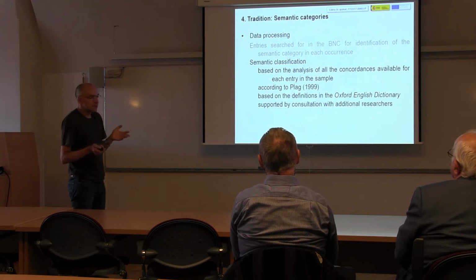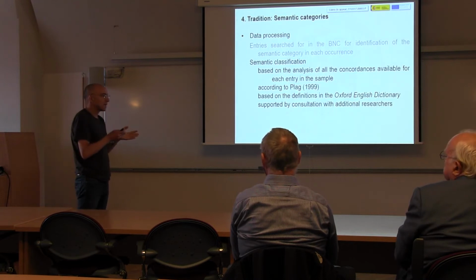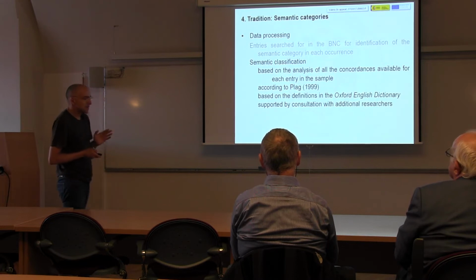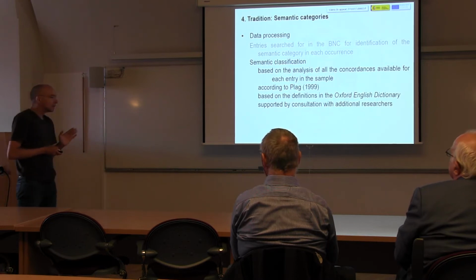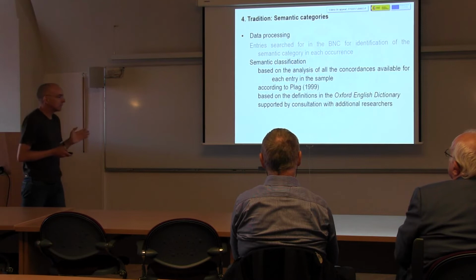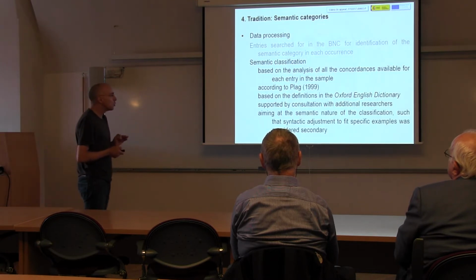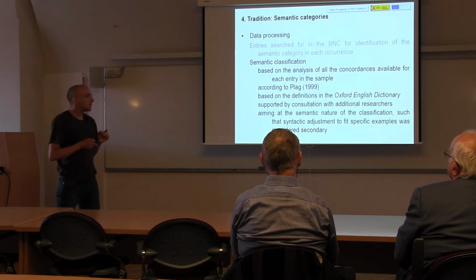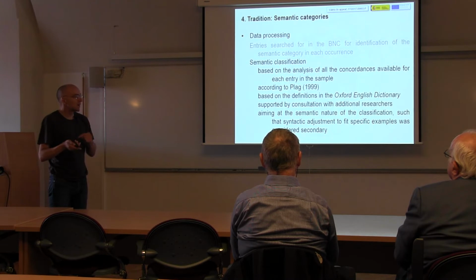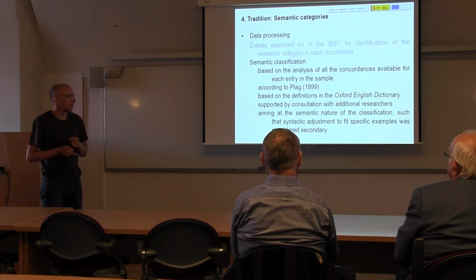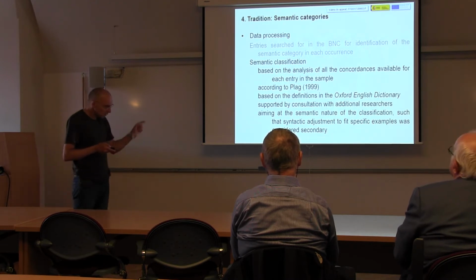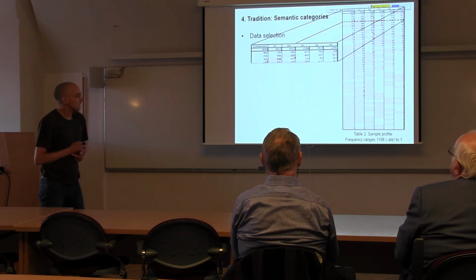Whenever I had doubts, I asked colleagues, do you think this is a case of performative or ornative? Some cases are very unclear. It can be classified as either, and it doesn't make much difference. I was also aiming at semantic categories. It didn't matter to me whether a preposition was needed by a specific verb or not, as long as the semantic category of the base noun was the same.